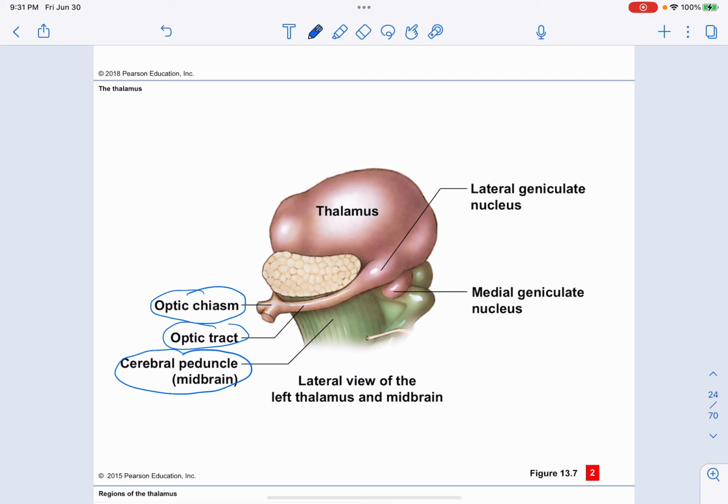These are nerves coming from the eyes, and this is leading to a nucleus right here. There's actually two of them called the lateral geniculate nucleus. And then there's another one called the medial geniculate nucleus. These are two of many nuclei that are in the thalamus.